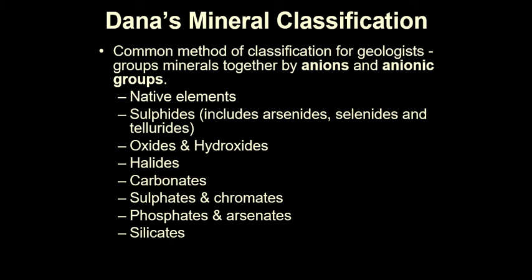You have native elements, sulfides, oxides, halides, carbonates, sulfates and chromates, phosphates and arsenites, and silicates, and don't worry about it. Now it's next lecture's problem, okay? So this, however, is what all that about anions and cations is leading into, the entire basis of the next lecture.